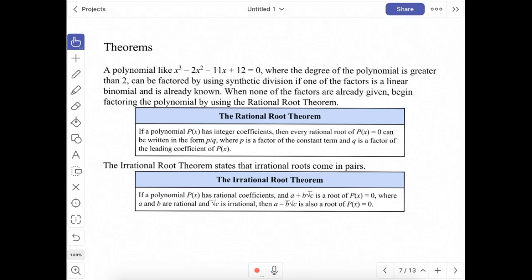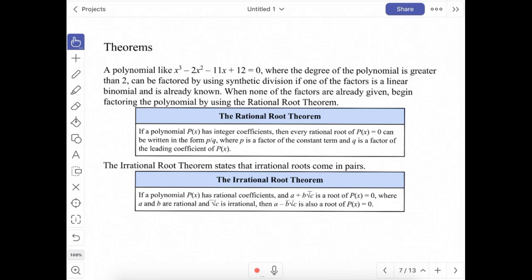So this is our process in solving problems where we're not given one of the factors already. If a polynomial p of x has integer coefficients, then every rational root of p of x equals 0 can be written in the form p over q, where p is a factor of the constant term and q is a factor of the leading coefficient of p of x.